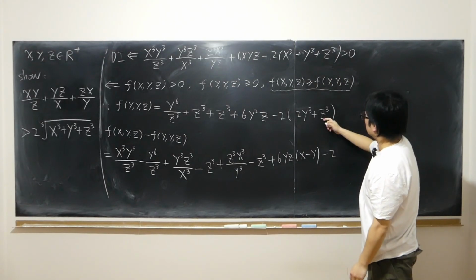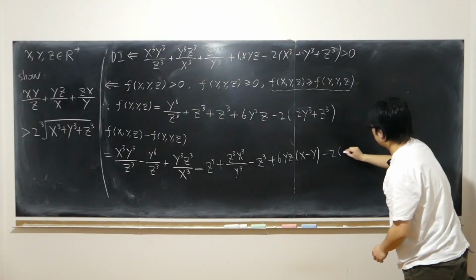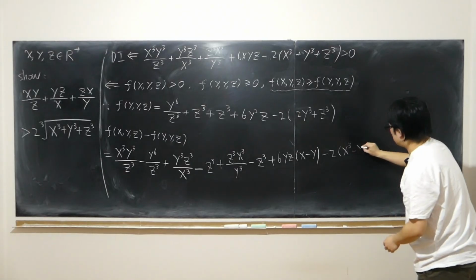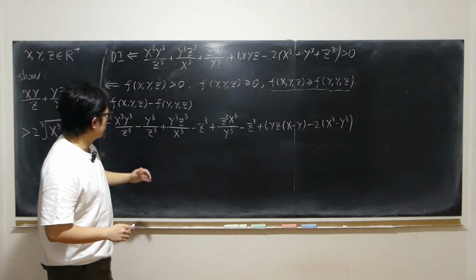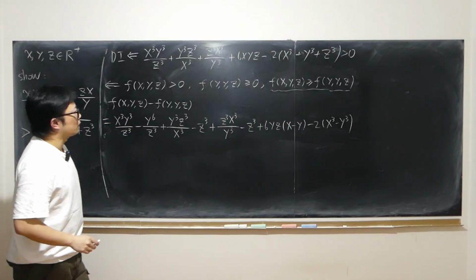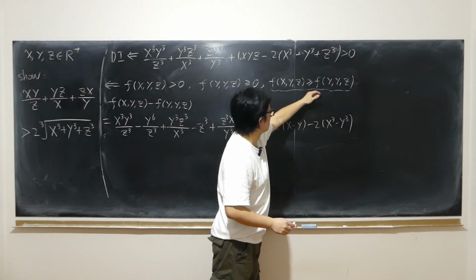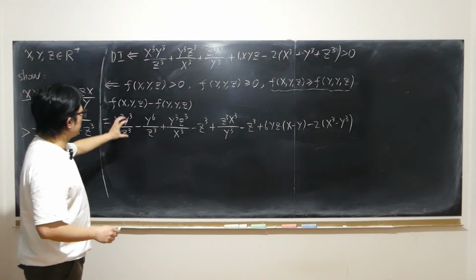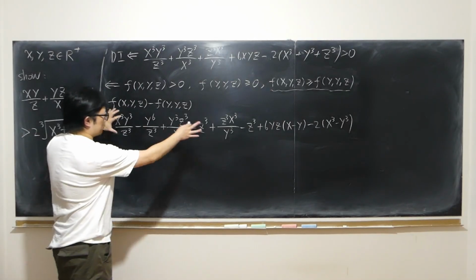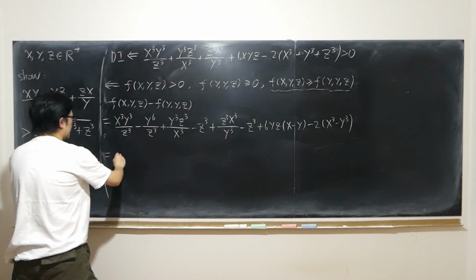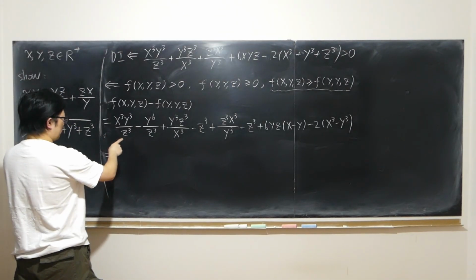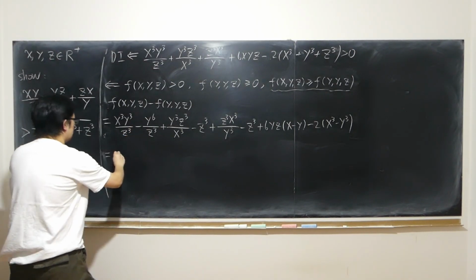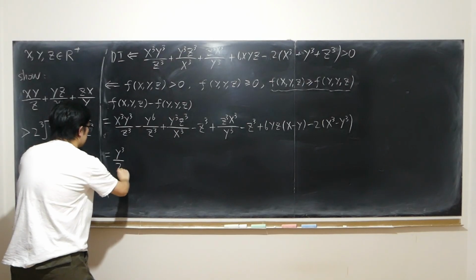So z cubed is gone, x cubed is still there, and minus y cubed. So we've reached the difference between f of x, y, z and f of y, y, z. Remember, we have to show this is greater than that, so can we show their difference is greater than 0? The reason I subtract this way is that now I can extract a common factor, for example y cubed over z cubed.